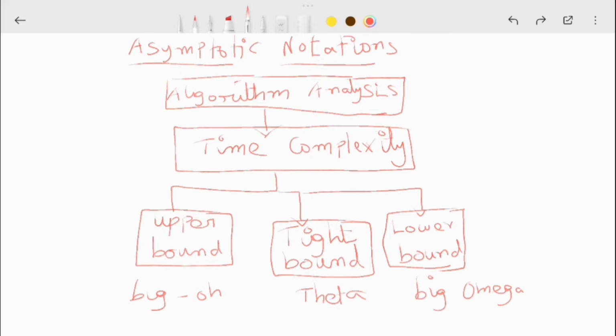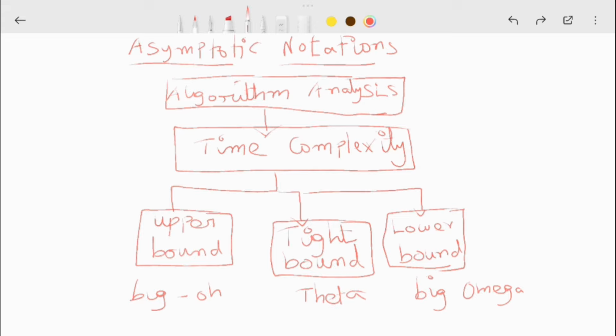If the input is unsorted, it takes a different amount of time to complete the execution. That is the difference between the upper bound, lower bound, and the exact bound. Exact bound is nothing but the average case, average bound.